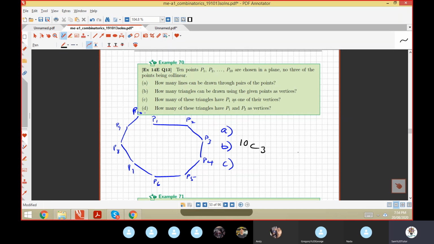How many of these triangles would have P1 as one of their vertices? Well, how many is repeating? How many of these triangles have P1 and P2 as vertices? You're going to choose these two.